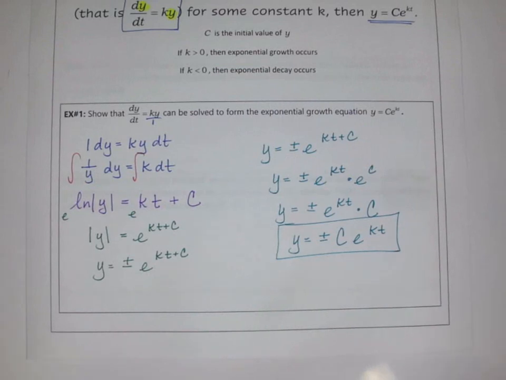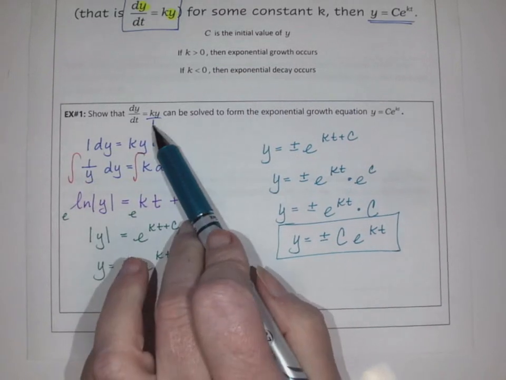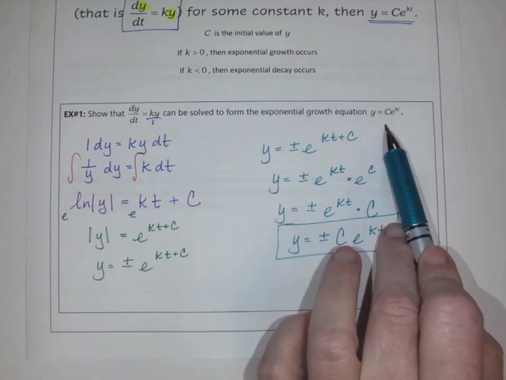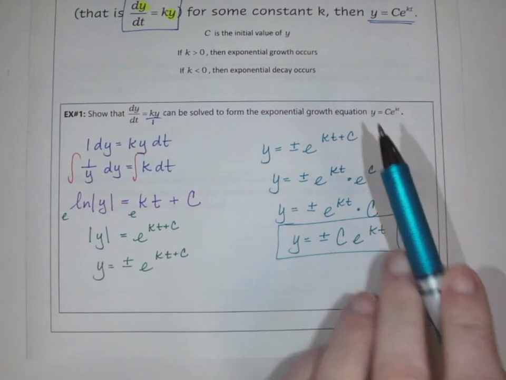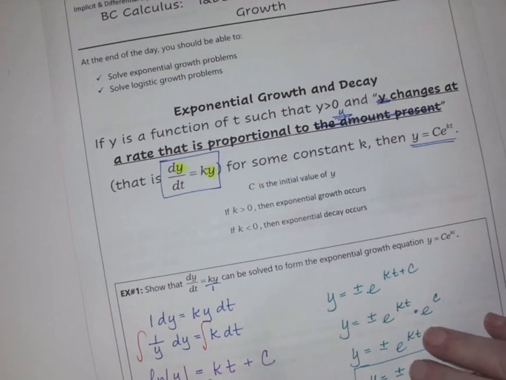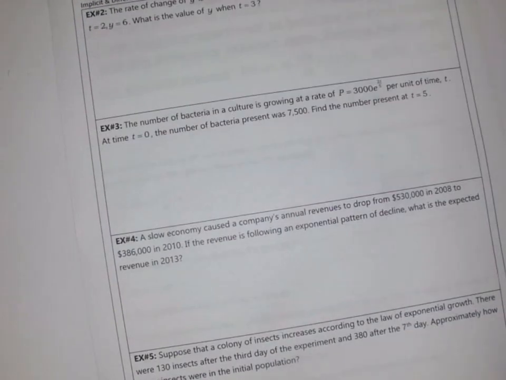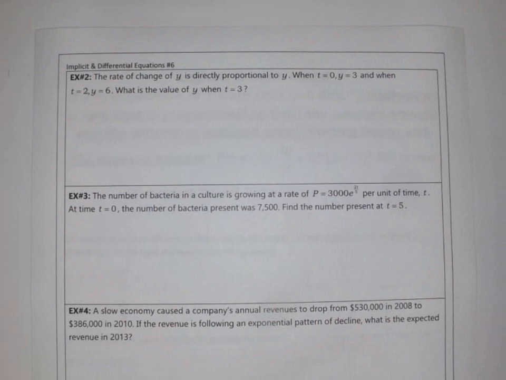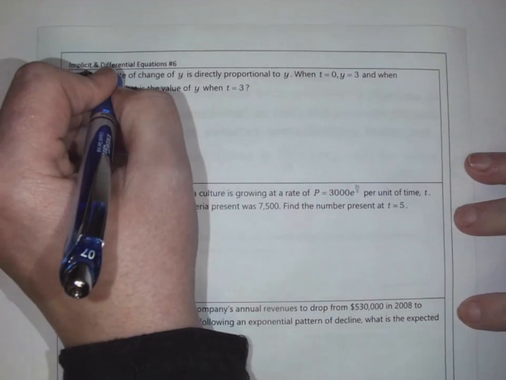All right, this is the calculus behind exponential growth. We never have to do that again. If you can recognize this as an exponential growth problem, then you can go straight to the solution equation and be done with it. So let's look at an example. What are you going to be asked to do? Most of the time, you're going to be asked to solve for c, for k, for values of y. If we look at example 2, it says the rate of change of y is directly proportional to y.